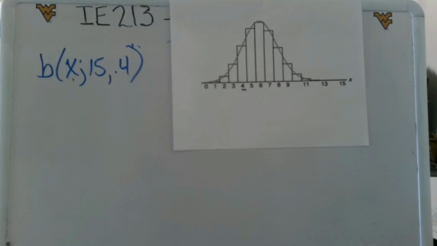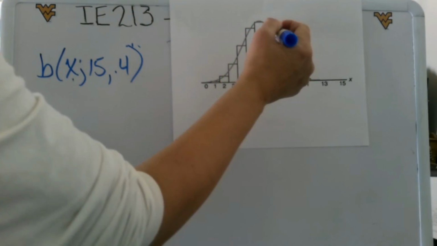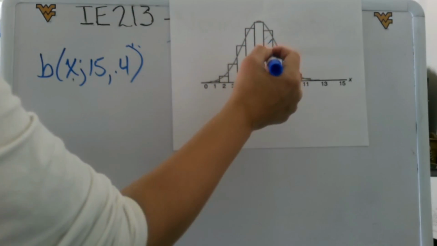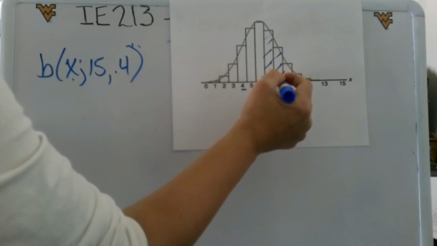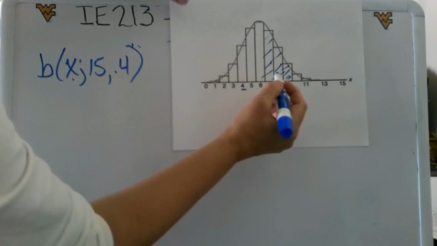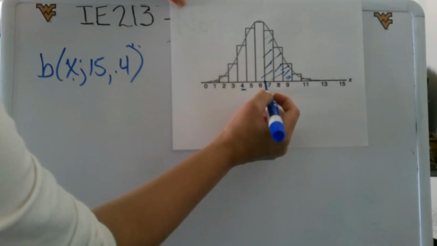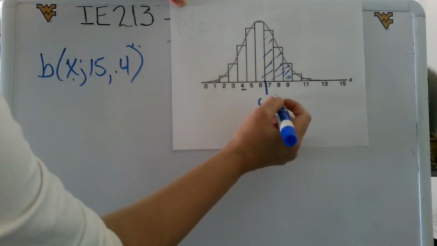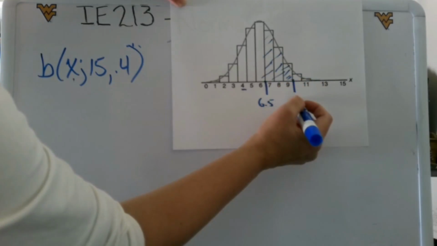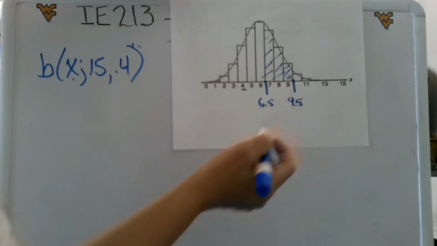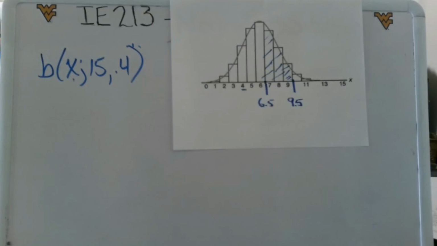When we look at this, if we wanted to find the probability that we would be between 7 and 9, so if we wanted the areas for 7 and 9, we would use the values of 6.5 to 9.5. So you have to look at your curve, your histogram, and where your two endpoints would be.